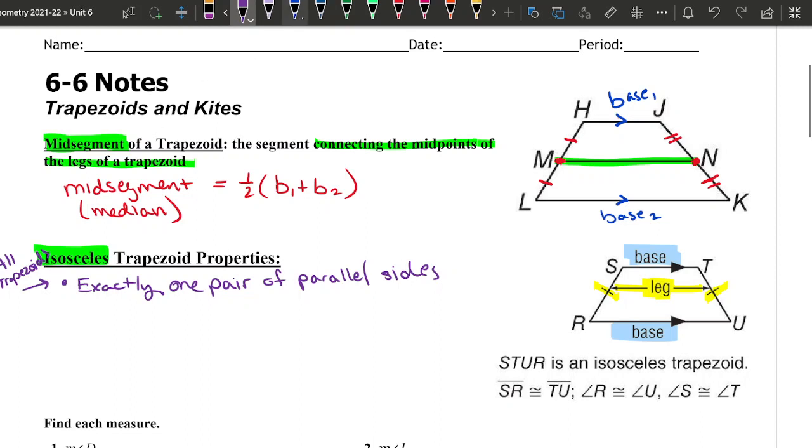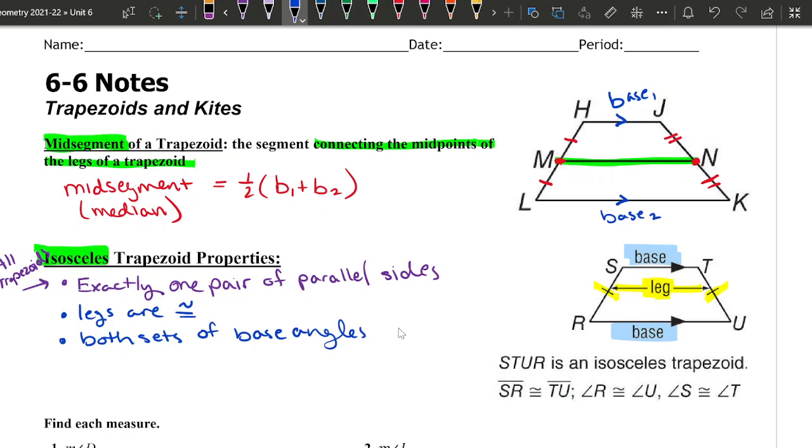Now, isosceles trapezoids have 3 additional characteristics. One is that the legs are congruent. Another one is that both sets of base angles are congruent, just like in the isosceles triangle.